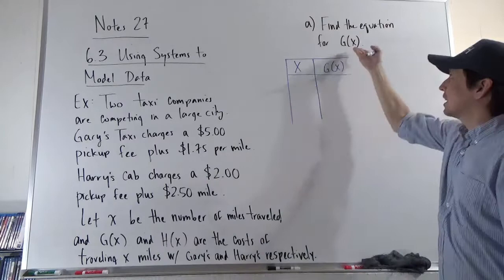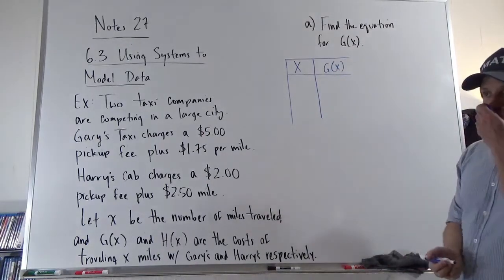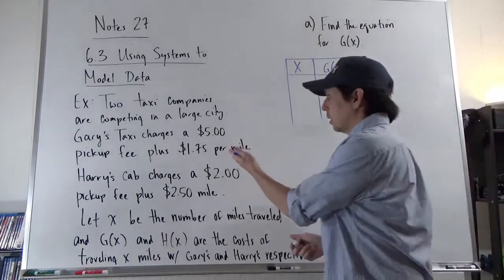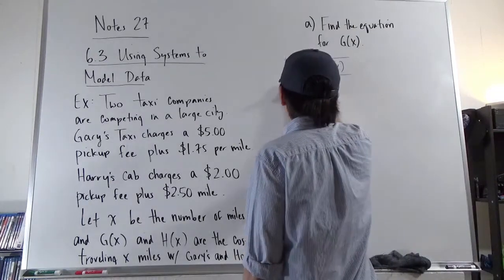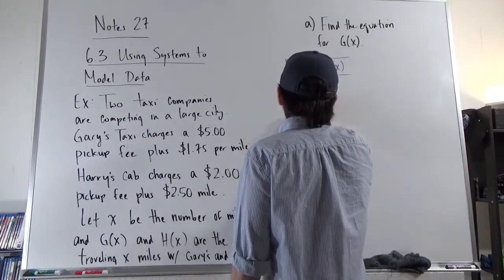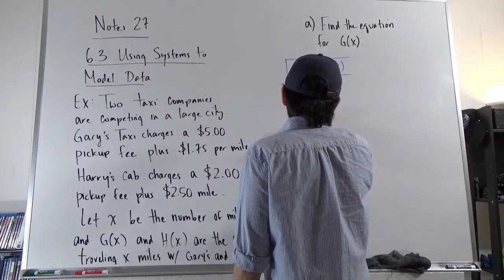That's not part of my answer, and I won't be able to plug into G because I don't know G. I'm trying to find the equation of G. But instead I'm going to use this description and think about what happens if you travel 1 mile, 2 miles, 3 miles, then that should be enough.